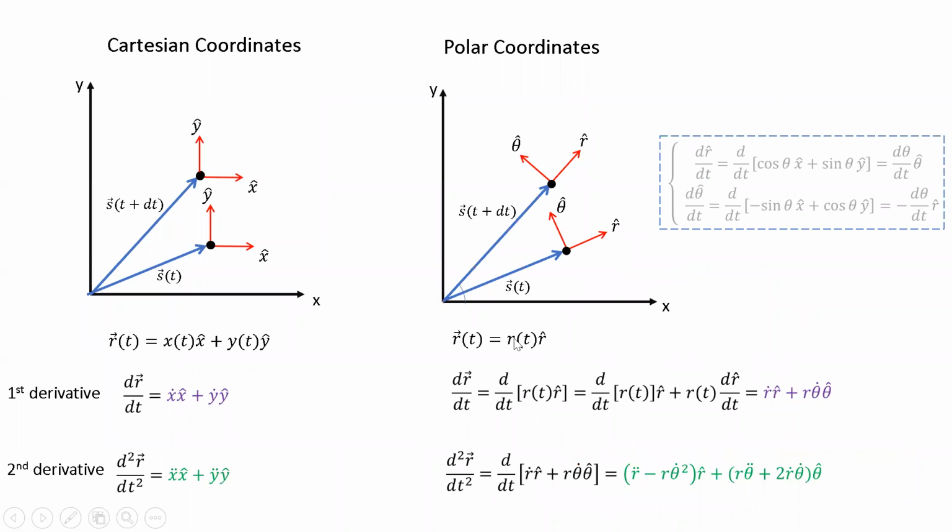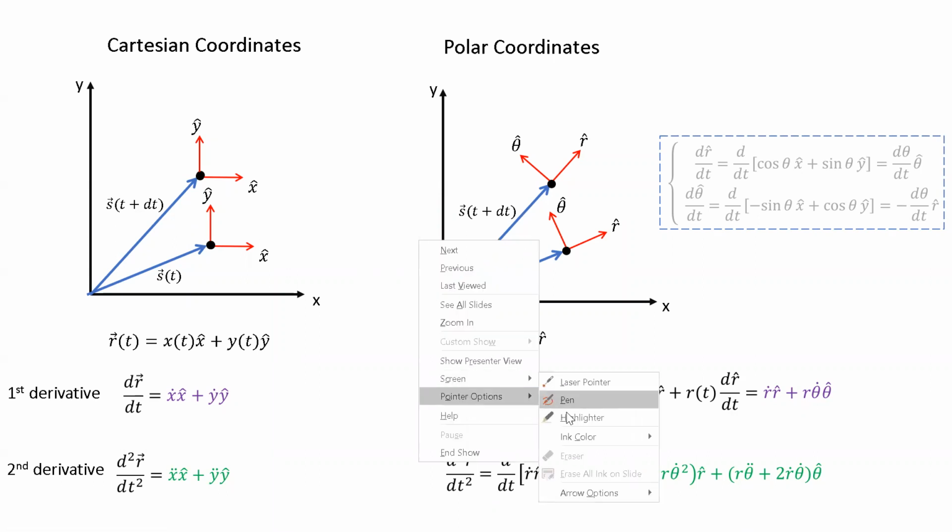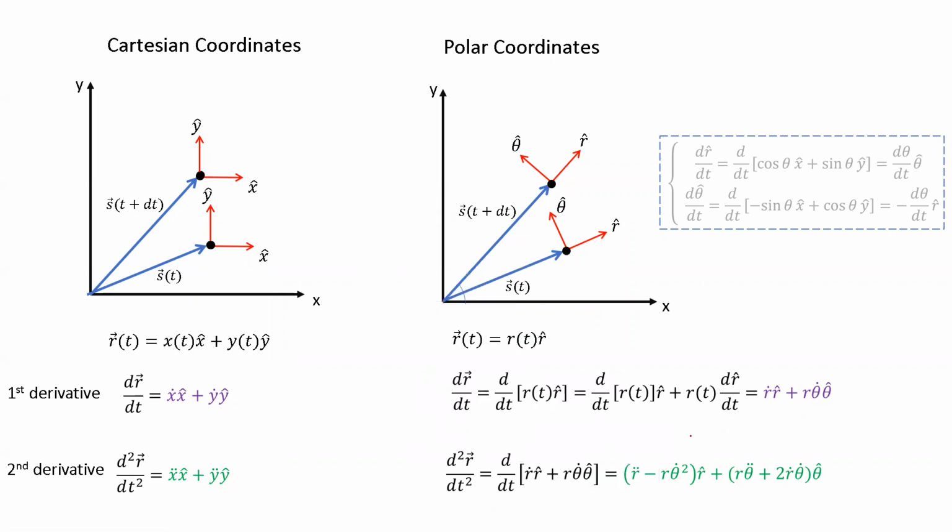The key over here is that I want to talk about the motion of a particle, not just the position, but also the velocity and also the acceleration. Sorry, this all should be r.